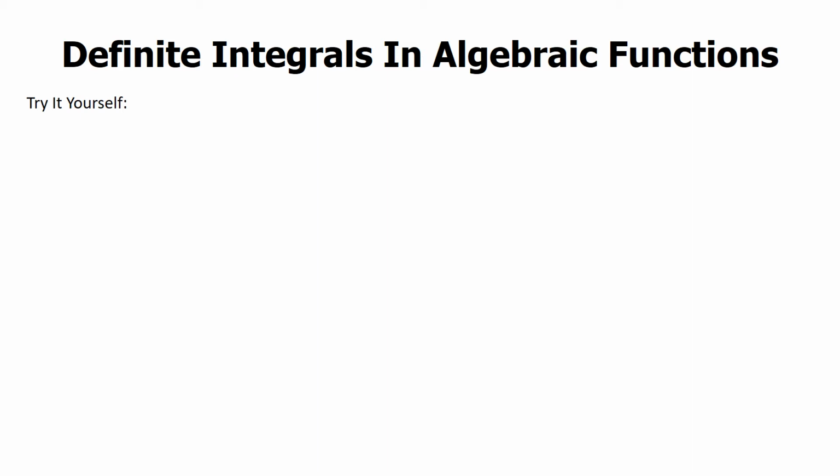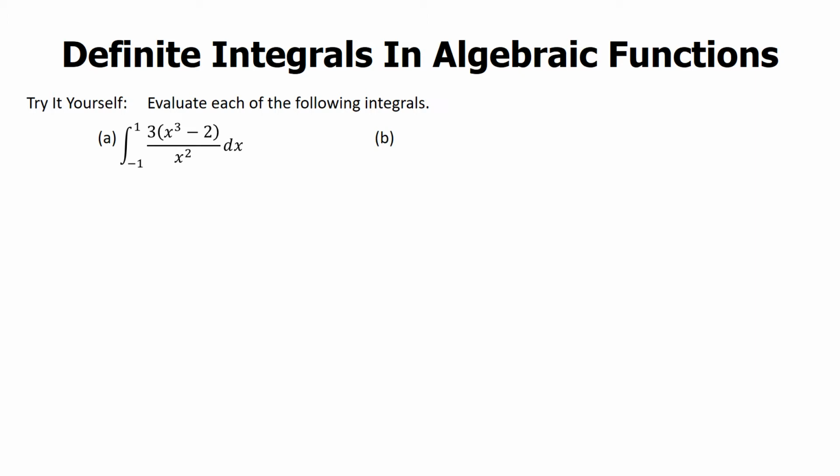Now, you can try this example yourself. Evaluate each of the following integrals. A. Integration from negative 1 to 1, 3 times x cubed minus 2 over x squared dx. B. Integration from 1 to 4, square root of x times 2x minus 1 over x dx.